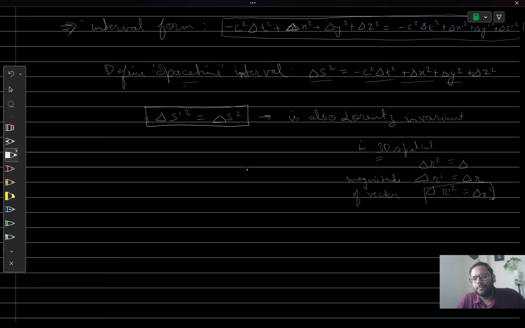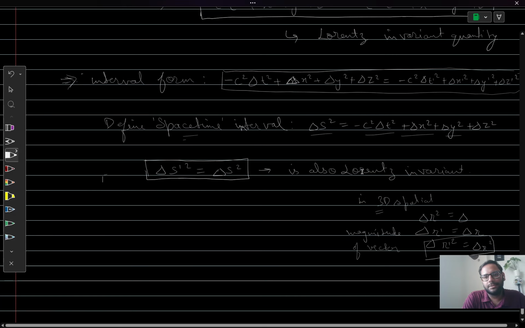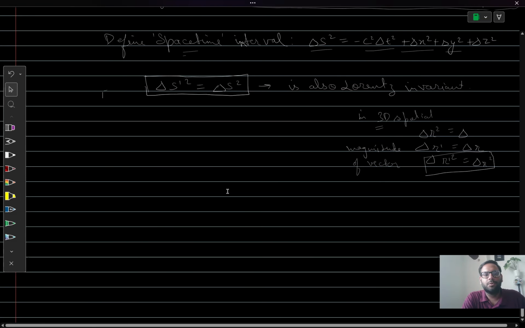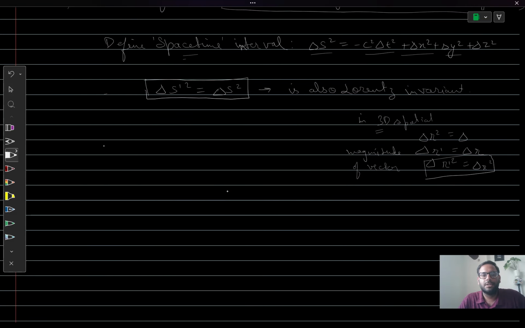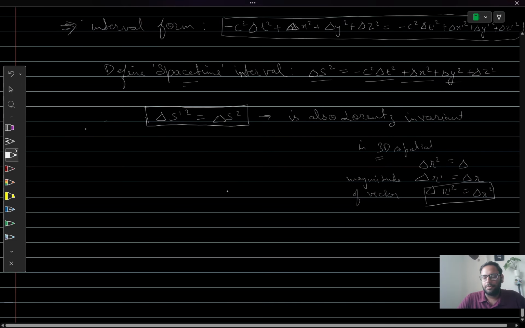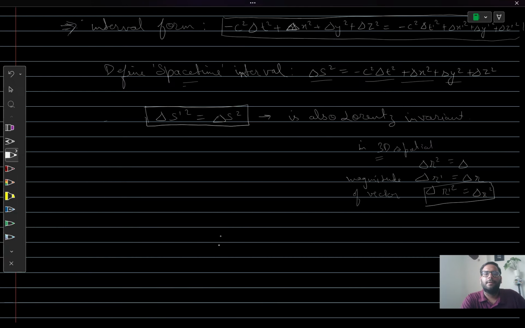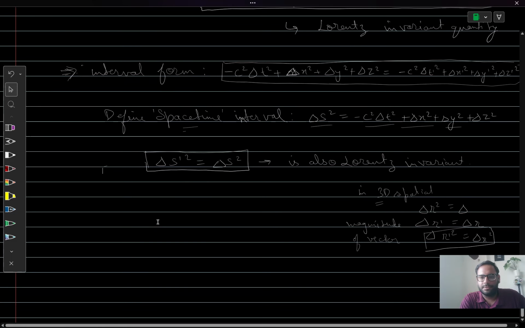But we usually take this square form as the space-time interval because it is more convenient to see the causal structure of space-time. We will see what causality means. But first of all, let's just say that this space-time interval is actually an invariant quantity when you do the Lorentz transformations.